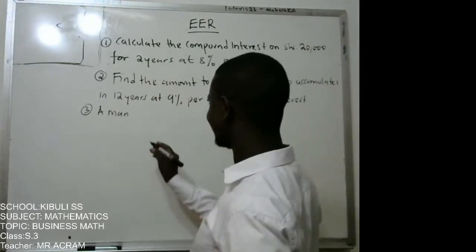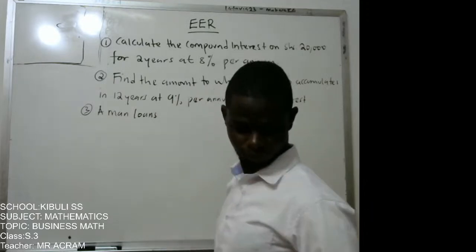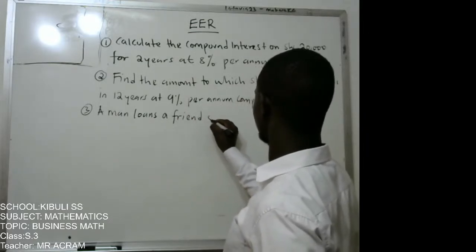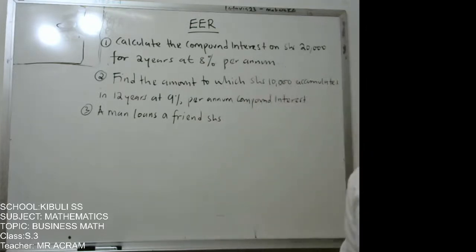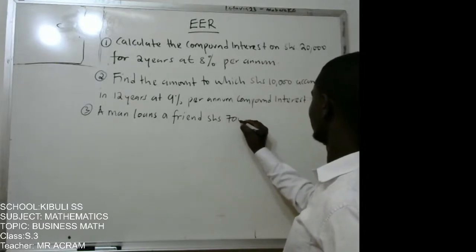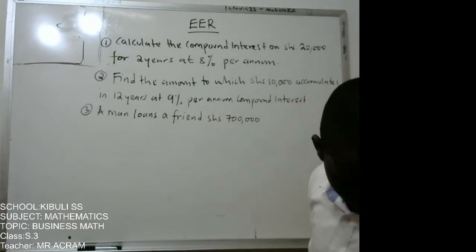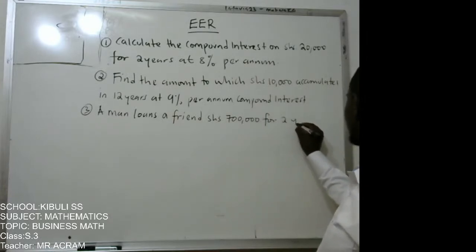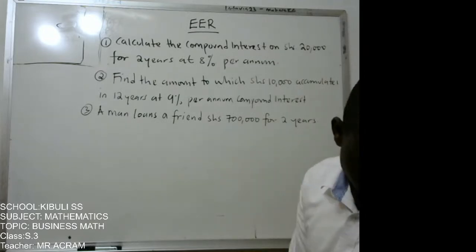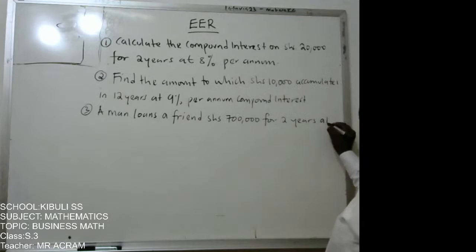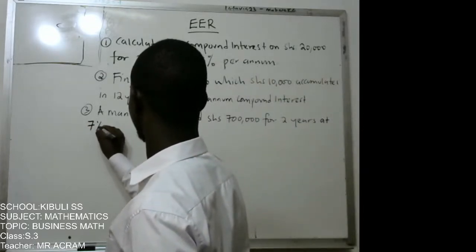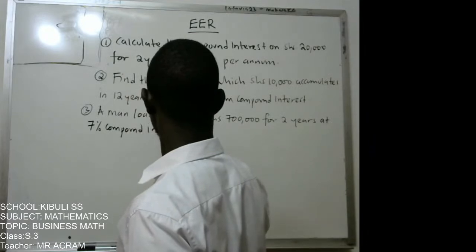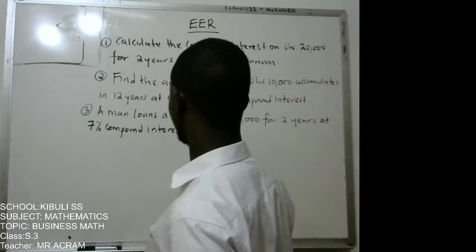A man loans a friend shillings for 2 years at 7% compound interest rate.